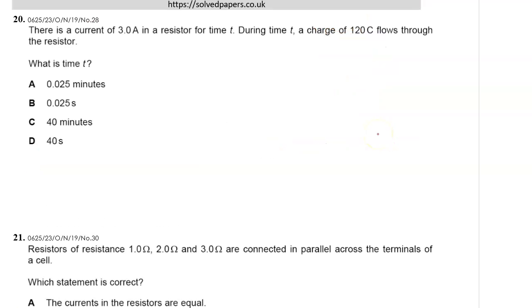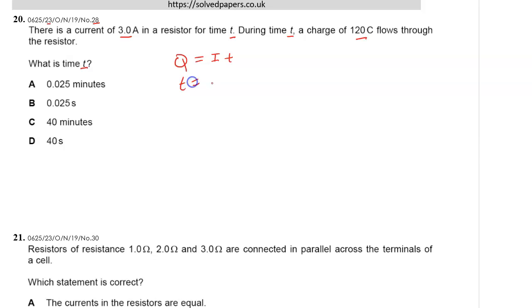Question 20 goes from variant 2-3. This was question number 28. There is a current of 3 amperes in a resistor for time t. During time t, the charge that flows through the resistor is 120 coulombs. What is time t? You know that the 3 quantities, charge, current, and time, are connected by this equation: charge equals current times time.